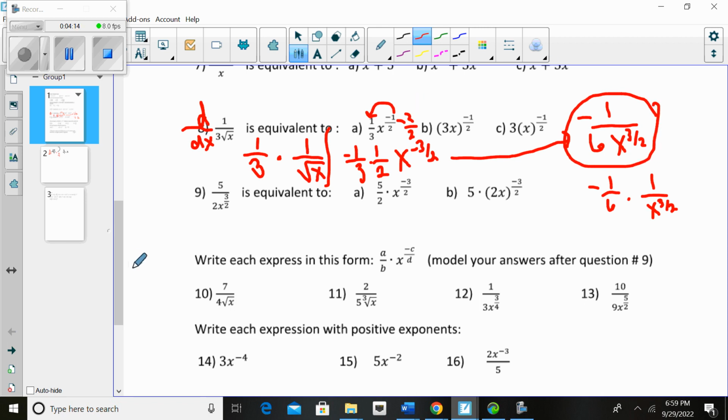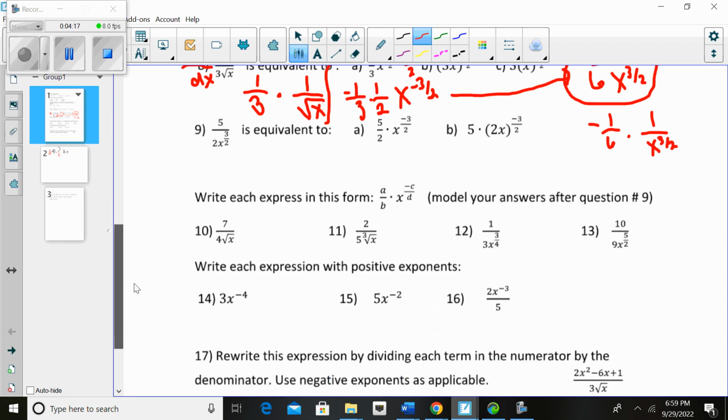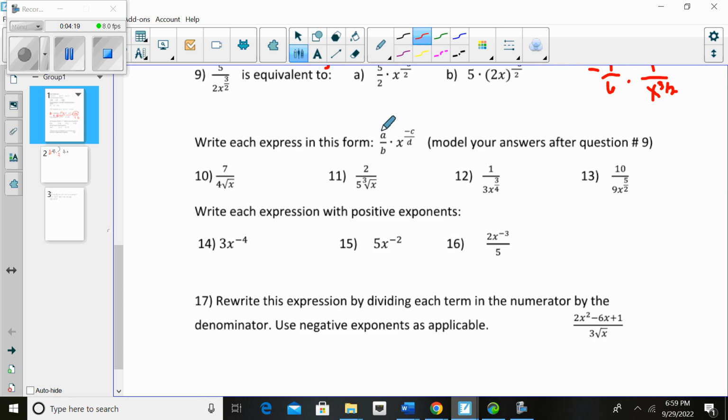So let's look at one more of these. In this whole section, I'm trying to get you to put it in the form that you need to have it in order to be able to take the derivative and apply the power rule. So let's look at number 11 together, and then I'll have you finish this for your participation. In number 11, again, take the constant, the coefficient, and pull that apart.